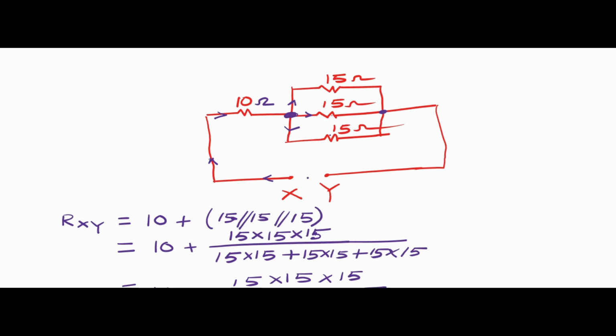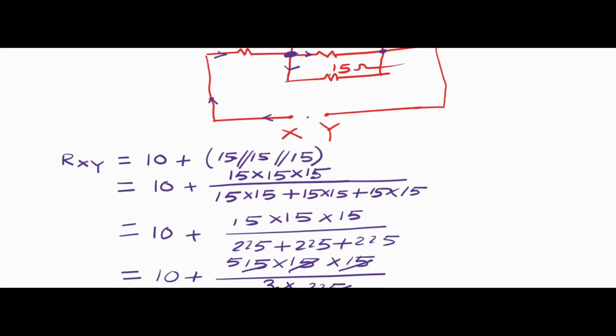As the current branches at this point, one passes through a 15 ohm resistance, another through a 15 ohm resistance, and another through another 15 ohm resistance. These three currents meet at another point. That is why the three 15 ohms are in parallel.